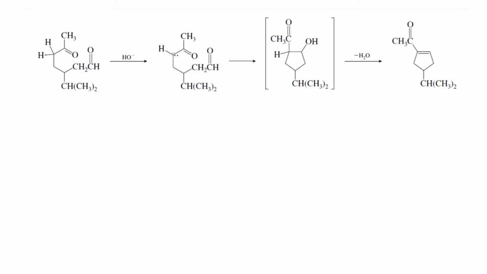The next step, again, is an example of an intramolecular aldol reaction. Here you will get the formation of this enolate as shown. You have this keto form, which gets deprotonated, and you form an enolate as shown in this diagram. And the rest of the molecule remains the same.